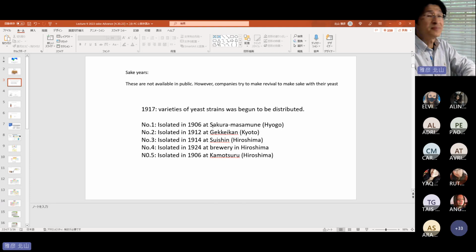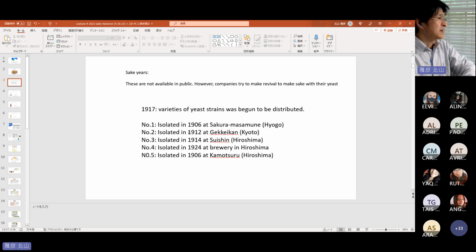So the sake produced by Sakura Masamune was awarded, and people paid attention. They tried to isolate the yeast strain from their brewery, and they found one strain, and later it was called strain number 1 in the year of 1906, and the government began to distribute this strain to other breweries in Japan.